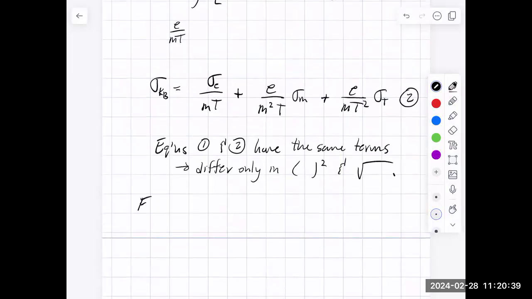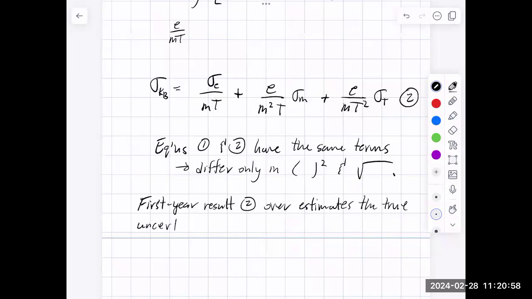So the first year result, equation 2, overestimates the true uncertainty given by equation 1.